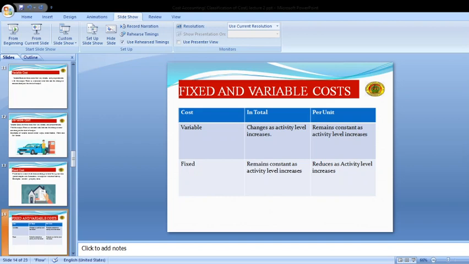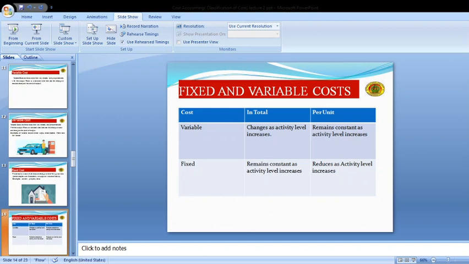As far as fixed costs are concerned, they are going to be constant in total. But on a per unit basis, they go on reducing for every extra unit because they are constant in total. They will go on reducing for more units. Got it?